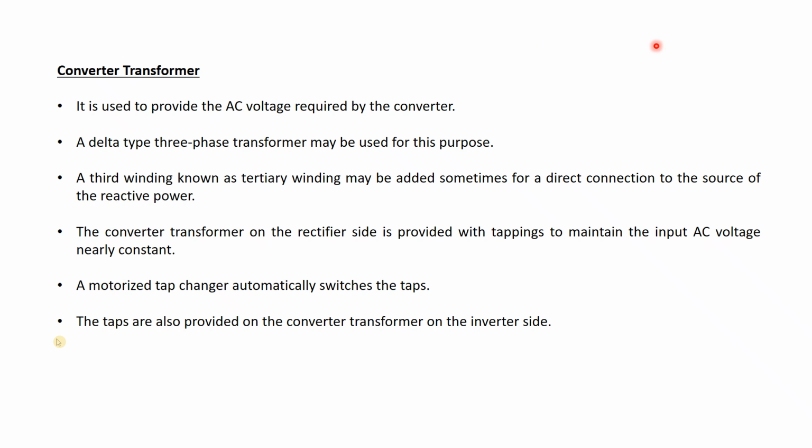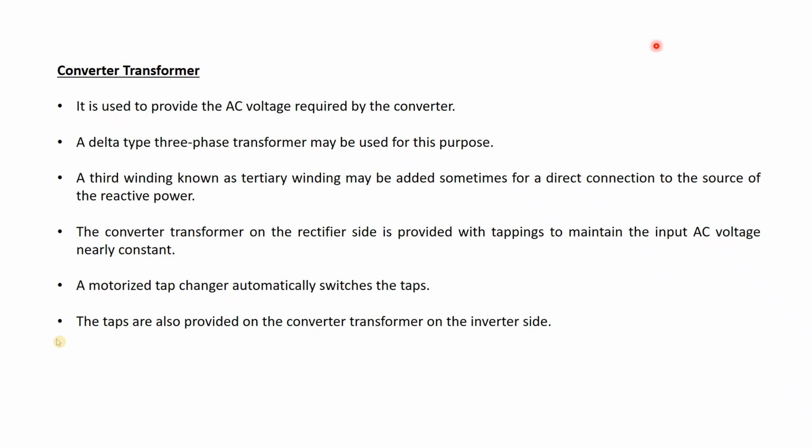Then we have the converter transformer. You will ask whether it is a simple transformer, because a transformer only works on AC. It will never work on DC, because only in AC do we have changing flux, and EMF will only be produced when there is a rate of change of flux.